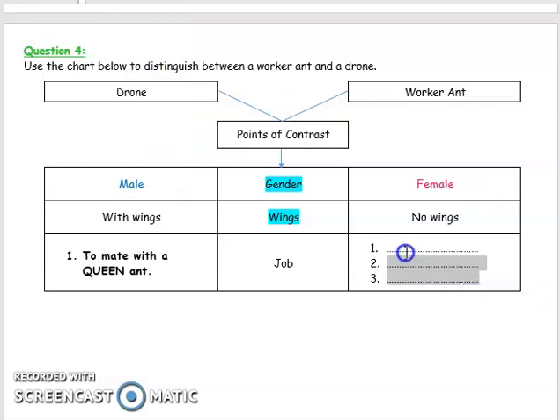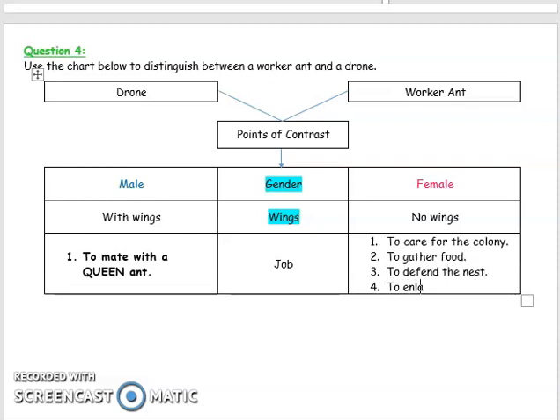Worker ants have the same job, so they care for the colony, to gather food, to care for the queen, the eggs, to defend the nest, to build the new rooms and enlarge the nest, the colony, and much more.